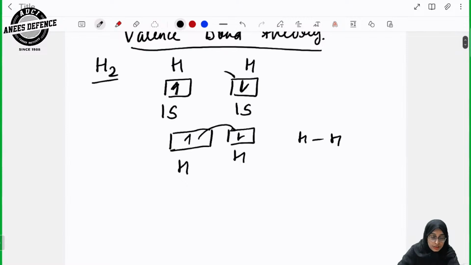Means what? Overlapping should not be more than 50%. It is always less than 50%. So greater the extent of overlapping, more is the bond strength.